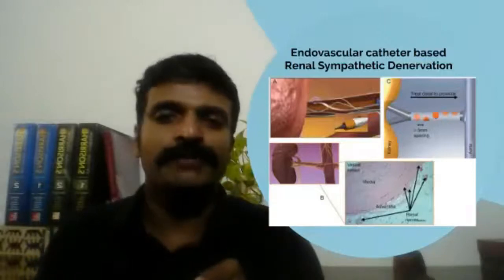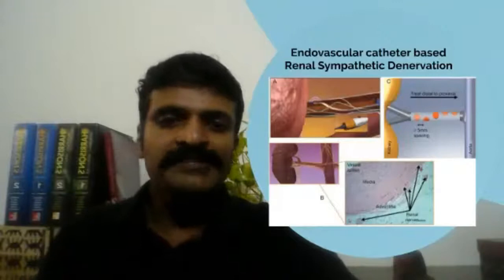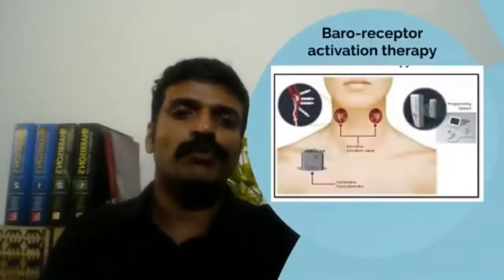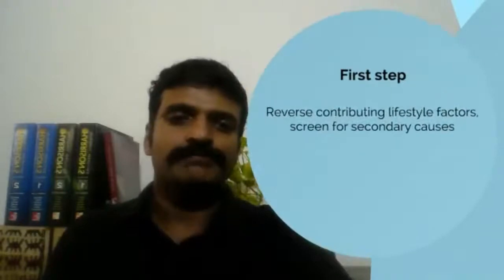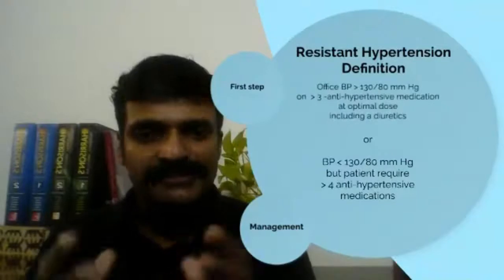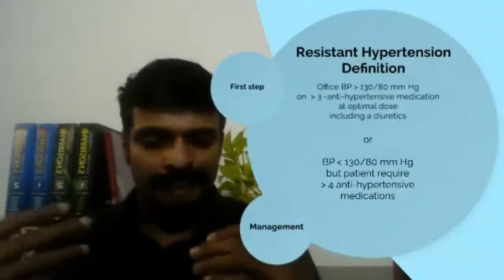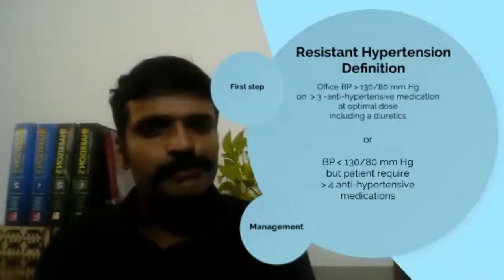So, to summarize, in resistant hypertension, what we usually do is first rule out that there is some kind of non-adherence to treatment, or look if there is something else contributing.